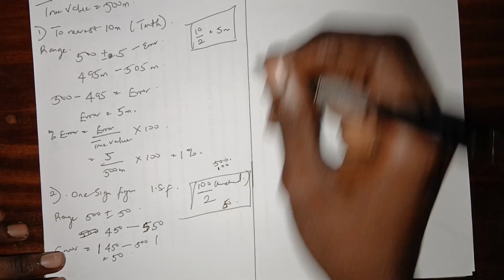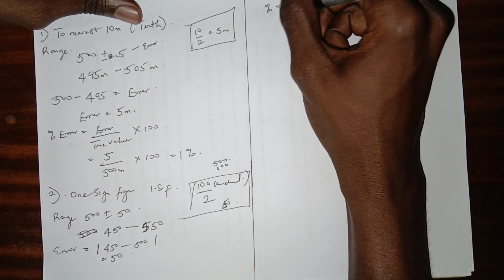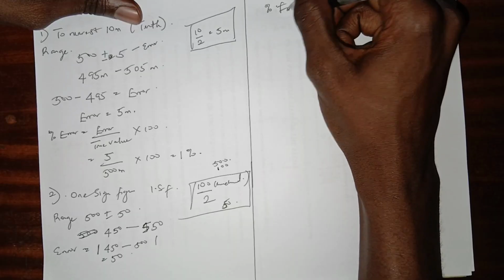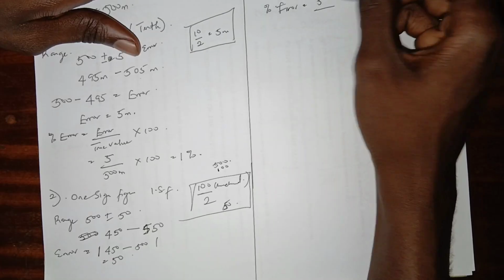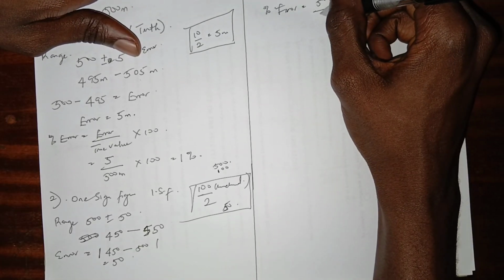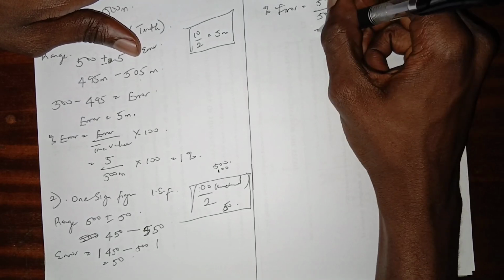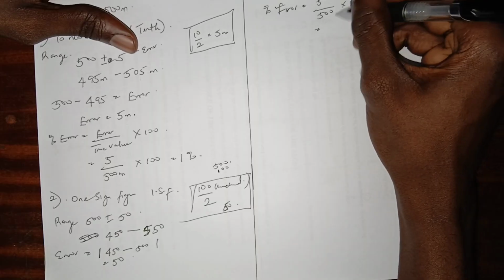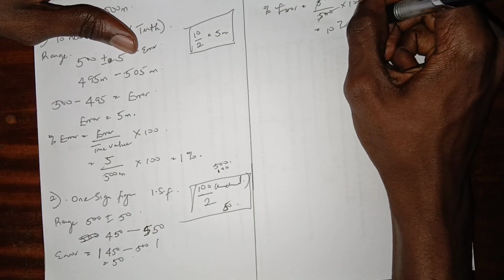Let's now get the percentage error. That'll be 50 all over your true value times 100, and that will give us 10. So that's your 10%.